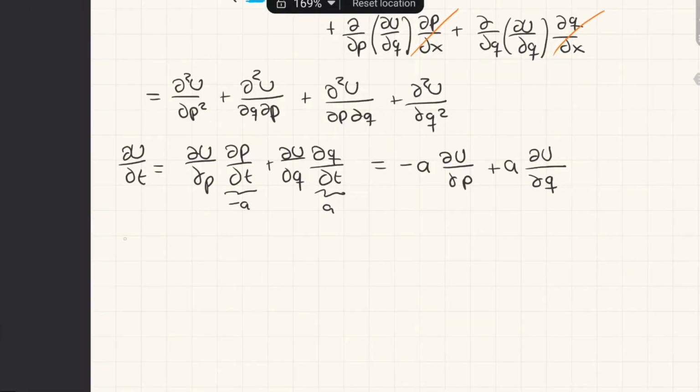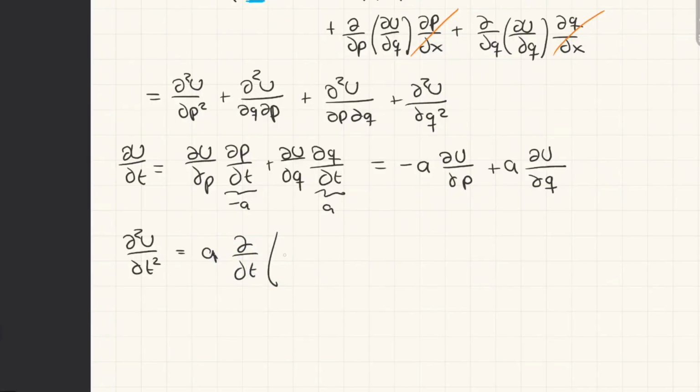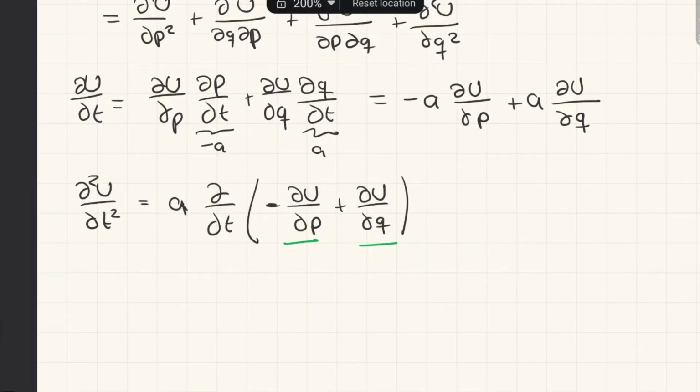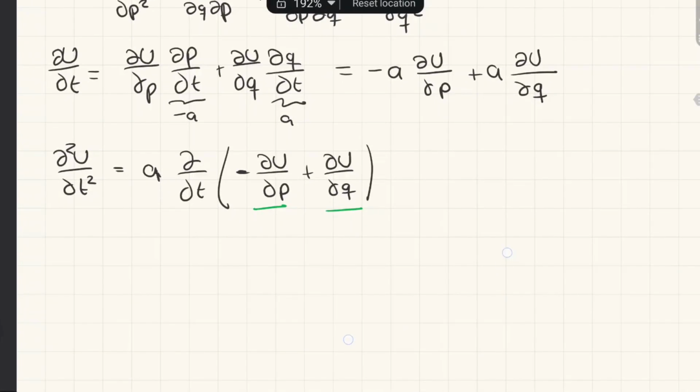And now we need to take the second derivative of u with respect to time, as the derivative with respect to time of, let me factor that a, a times the derivative with respect to time of minus the derivative of u with respect to p plus the derivative of u with respect to q. Again, remember that these two quantities are functions of p and q, so we need to use the chain rule again, taking that into account.